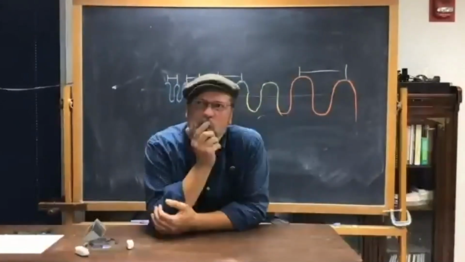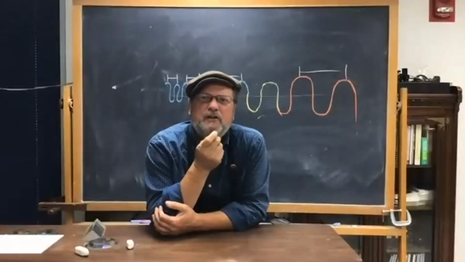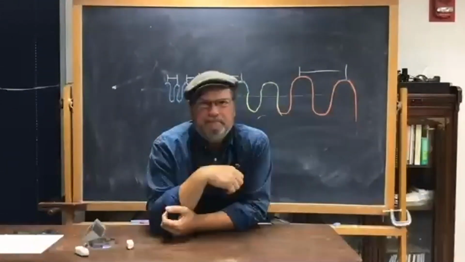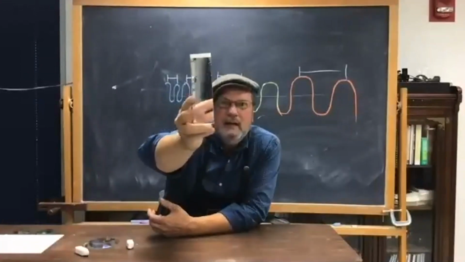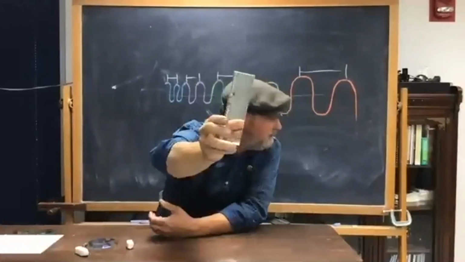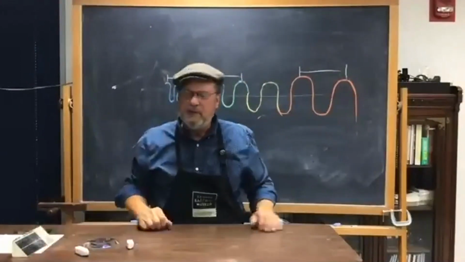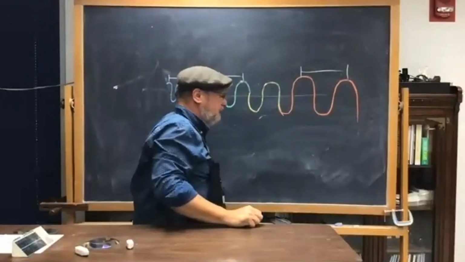But I think what we need to do now is talk about the notion of refraction and lenses. All right, so we have a prism. Here is a prism. Yeah, that's a prism, and when we have the light going through the prism, I'm going to bring that up again.